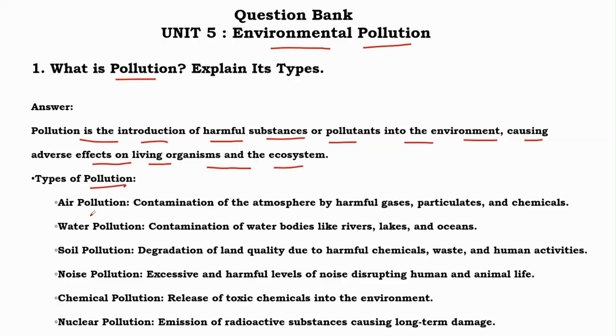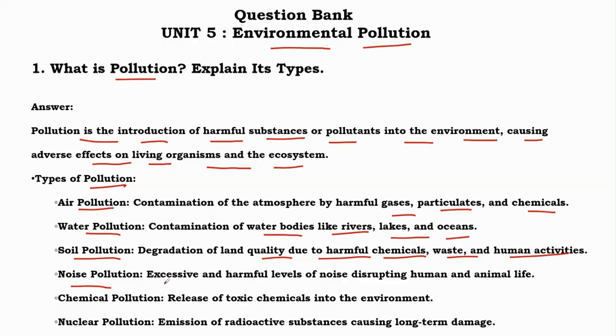Types of pollution: we have air pollution, which is caused by harmful gases, particulates, and chemicals. Water pollution is contamination of water bodies like rivers, lakes, and oceans. Soil pollution is degradation of land quality due to harmful chemical waste and human activity.